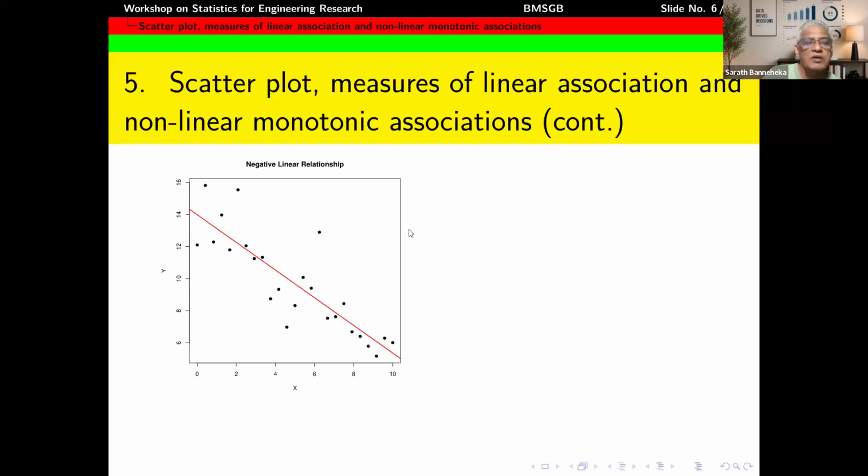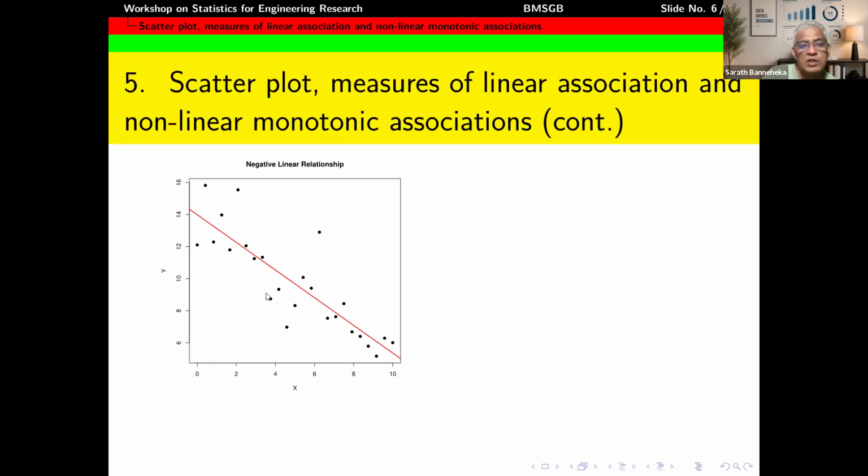And here, in this graph, you can see that when x is decreasing, y values tend to decrease in general. You can also consider this as an approximately straight line relationship. One might even consider it a non-linear relationship, but one might consider it a linear relationship because there is some possibility to draw a straight line through the points.